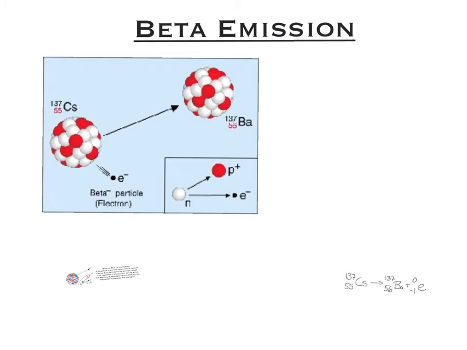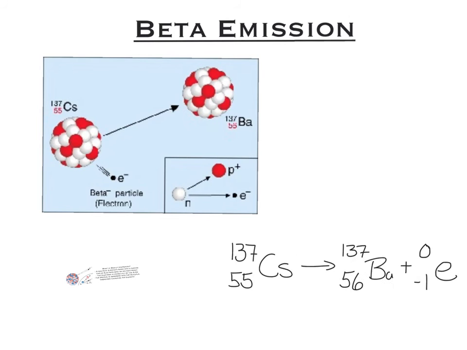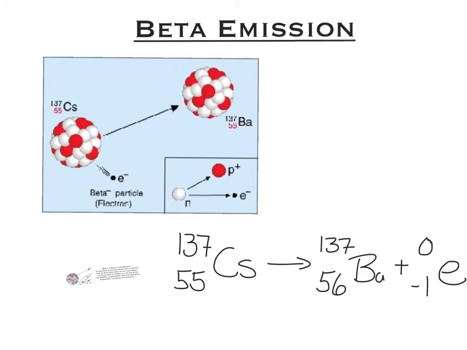Now, the equation for this would look something like this. We would have cesium-137, with our atomic number 55. The decay happens, so we kick out this electron over here. This is why I said we can't really just add all of these. You kind of could, but just understanding what's really happening, if you just add them up, won't do anything for you.